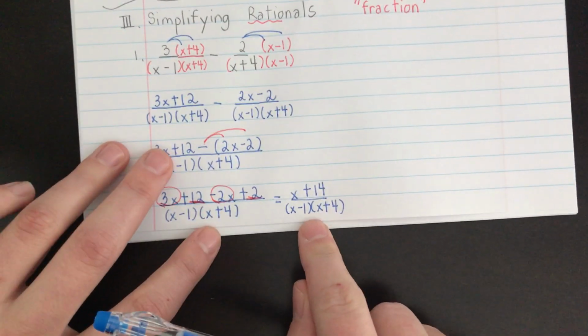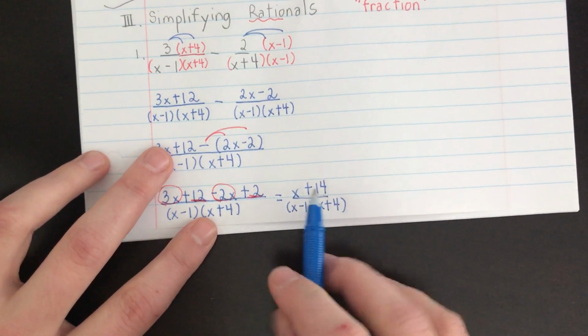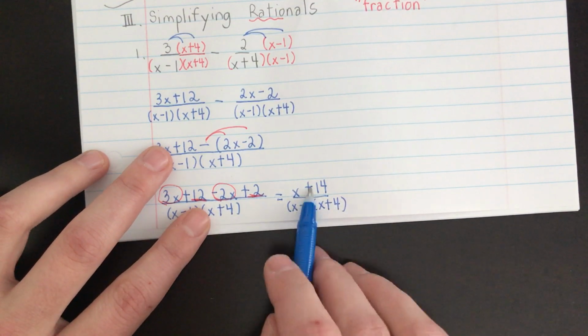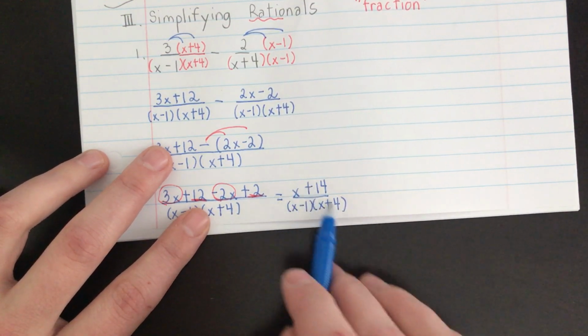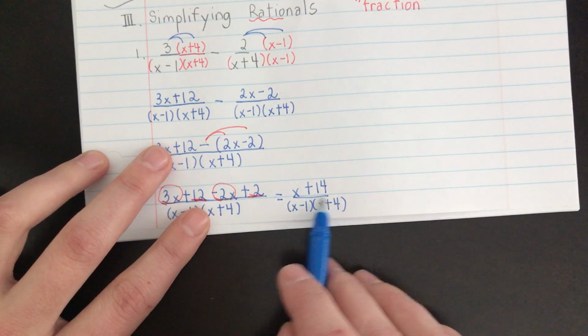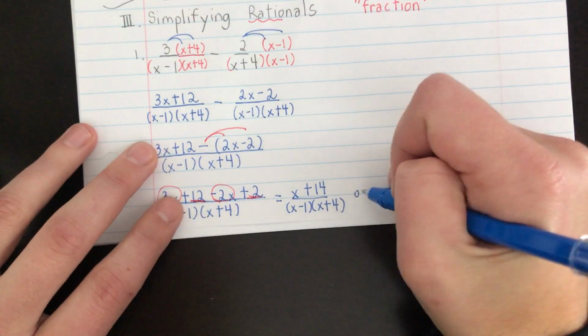So you can see two things. Here on top, there's nothing I can factor out, no GCF, no cleaning up. There's nothing I can simplify with. These binomials must match exactly to cross out. So since x plus 14 does not match either x minus 1 or x plus 4, you have the choice.